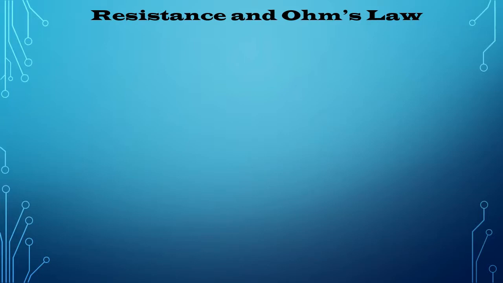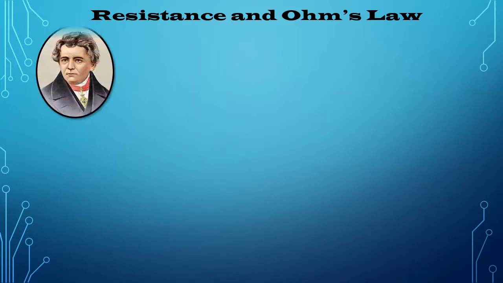The relationship between the current flowing through a wire I and the potential difference across its ends V can be obtained from the law that was given by German scientist George Simon Ohm.